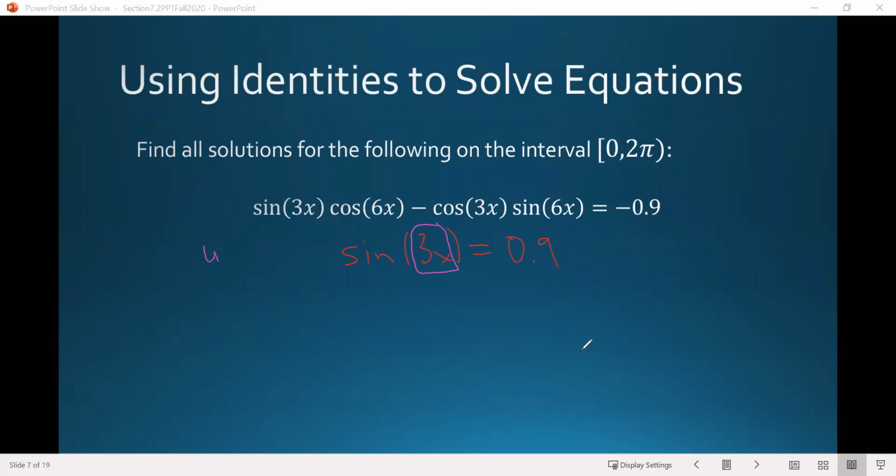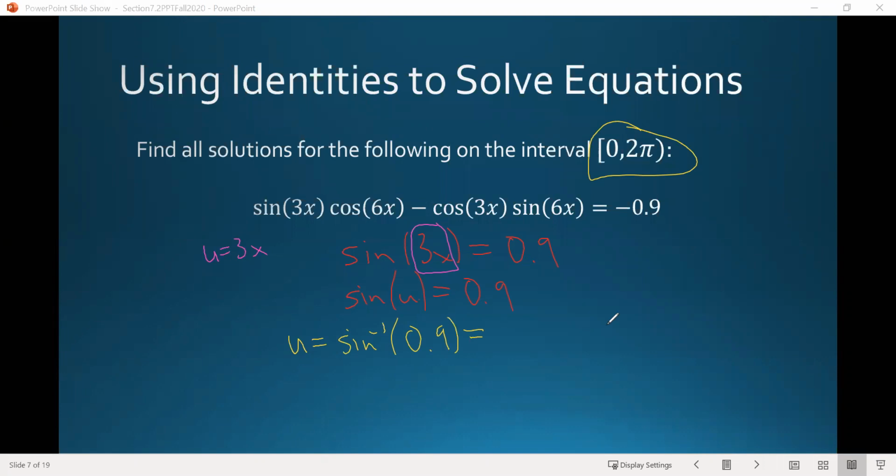We'll say U equals 3x, so this becomes sine of U equals 0.9. Since 0.9 is not a value that appears on the unit circle, we can find a value for U by doing inverse sine. And we're working in radians since the interval we're solving is 0 to 2 pi.